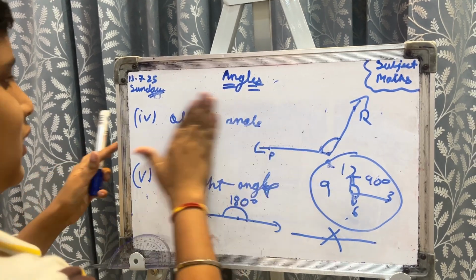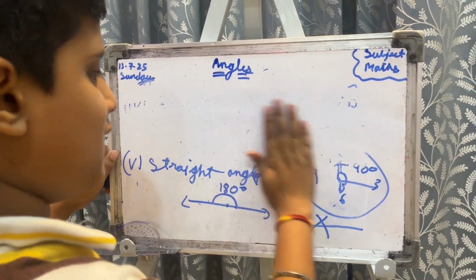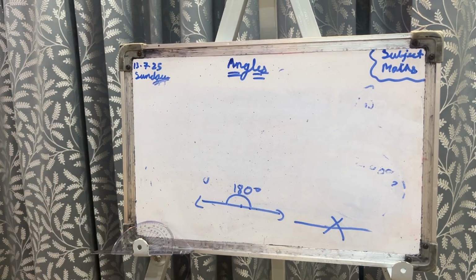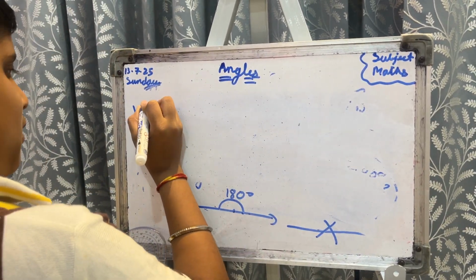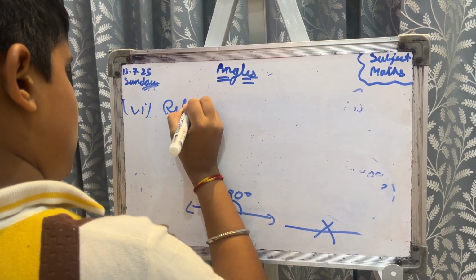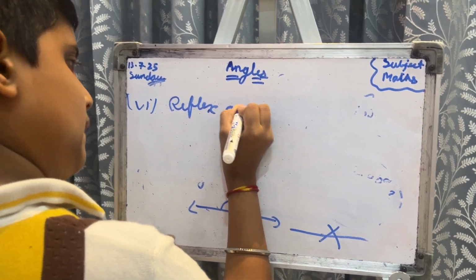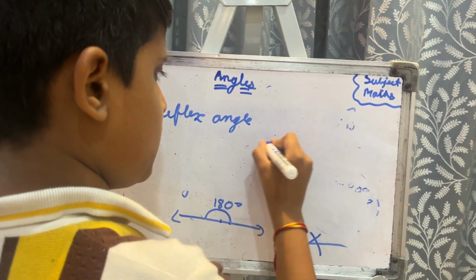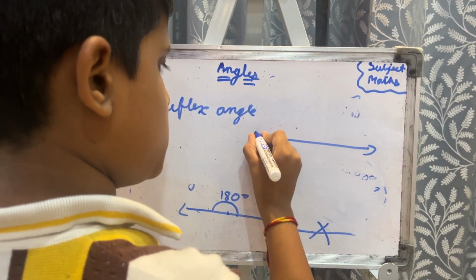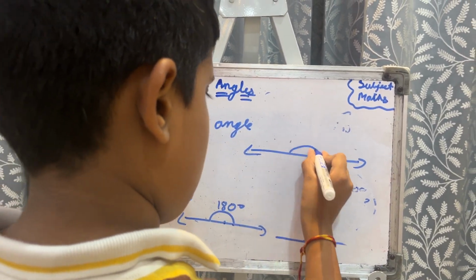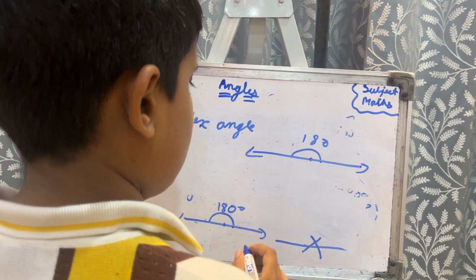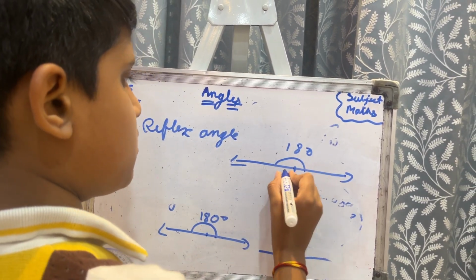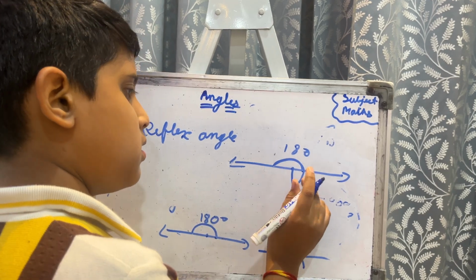Now the next angle is the reflex angle. In a reflex angle, it's more than a straight angle. This is a straight angle, 180 degrees, but it's more than this. It's going from here.